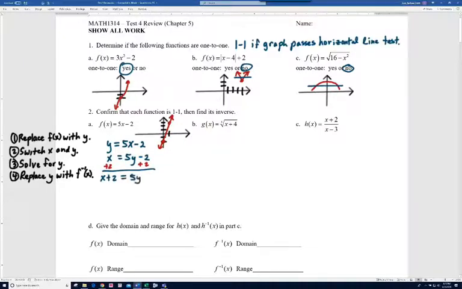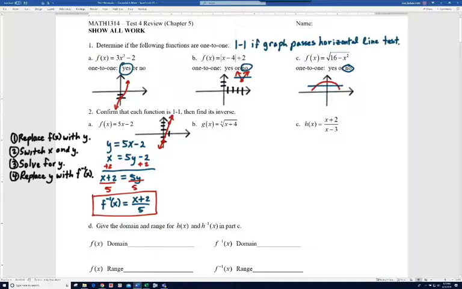We get x plus 2 is equal to 5y. And to get y by itself, we need to divide by 5. And so we get y is equal to x plus 2 all over 5. I'm not going to write that separately. I'm just going to go ahead and replace y with f inverse of x equals x plus 2 over 5. And that is our inverse.